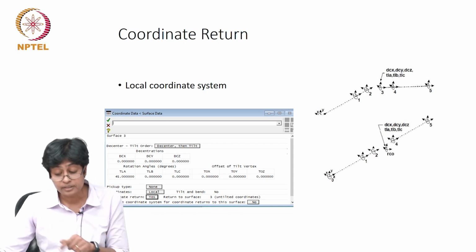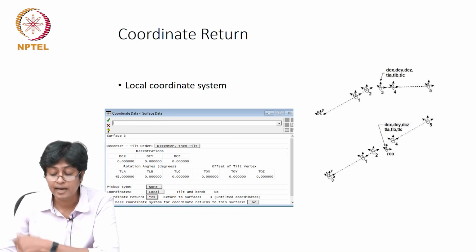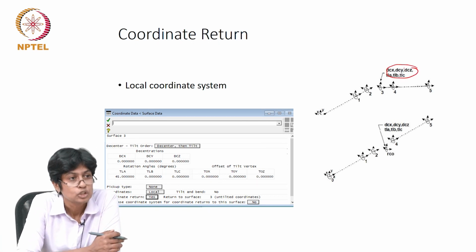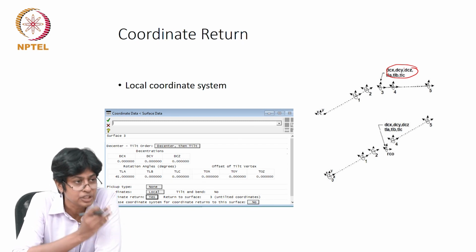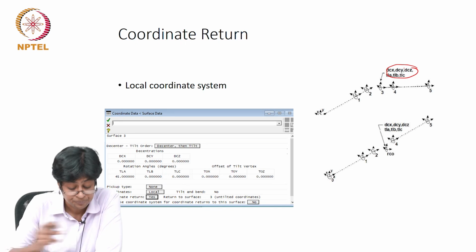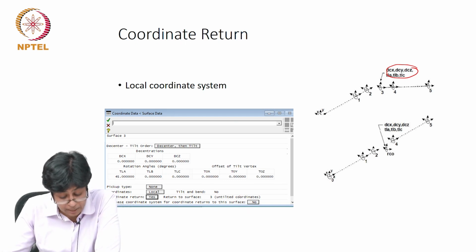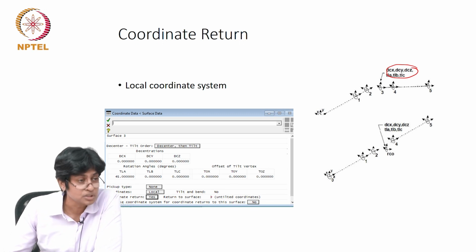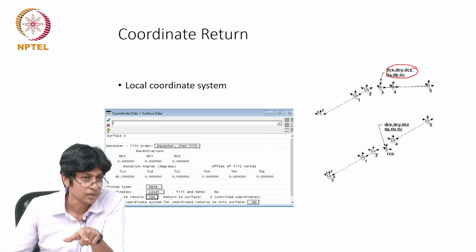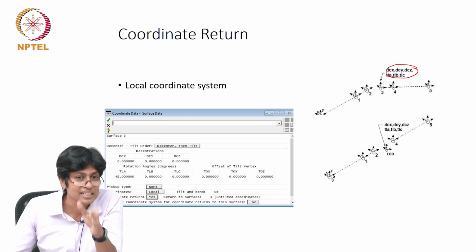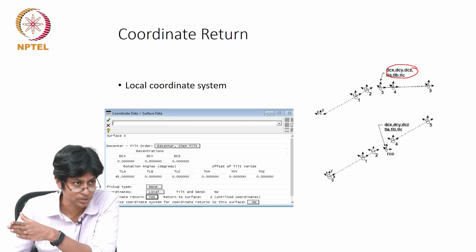Now, this was surface 3 that had all of these displacements and tilt. So when we say return to coordinates, you can return to the original coordinates of surface 3, that is what is shown here, so this is what will come up as your default option, but you could also choose surface 2 or surface 1. You can choose any earlier surface to return to. Clearly you cannot choose a later surface to return to.